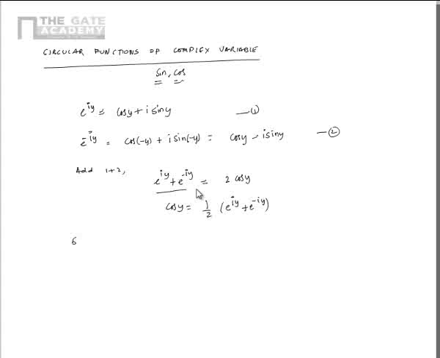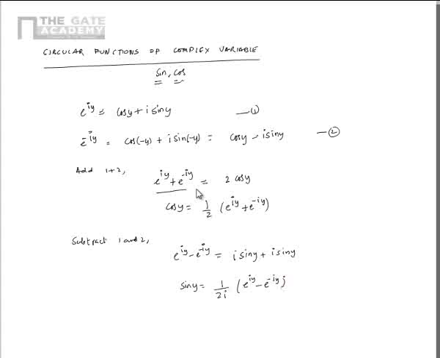Similarly, if I subtract 2 from 1, e power iy minus e power minus iy is equal to i sin y plus i sin y. So basically sin y will be 1 by 2i times e power iy minus e power minus iy.